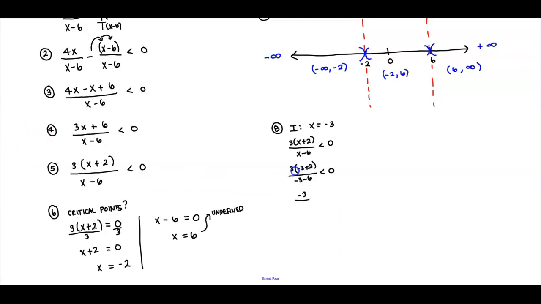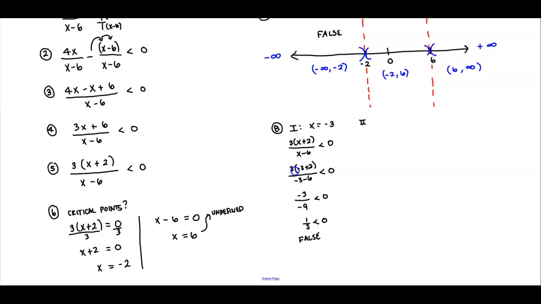And -3 minus 6 is -9. Well, that reduces to +1/3. So is +1/3 less than 0? Well, that is false. So therefore, it's false in region number 1.